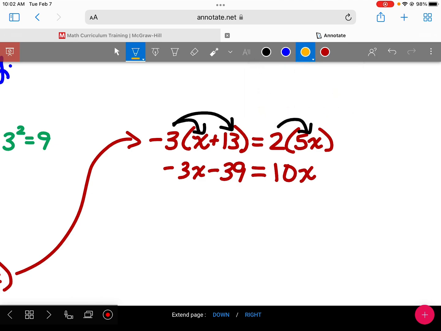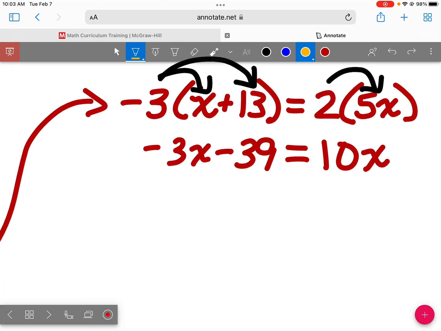The goal of the problem is to solve for x, to get x alone. Where is x right now? It's on both the left side and the right side, correct? I need the x's on just one side. So I need one of my x's to cancel out. If I picked this one, I was like, I want this one to cancel. What would I have to do to this side of the equation to make a negative 3x cancel out? Add it. So I'm going to add 3x to both sides.